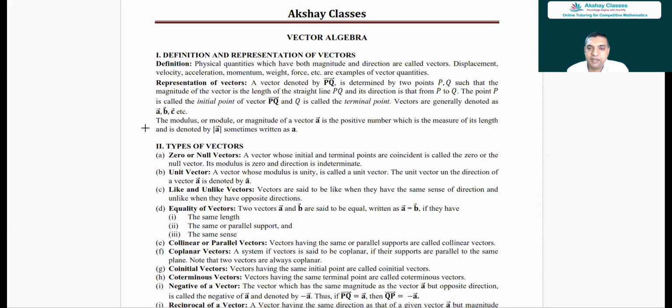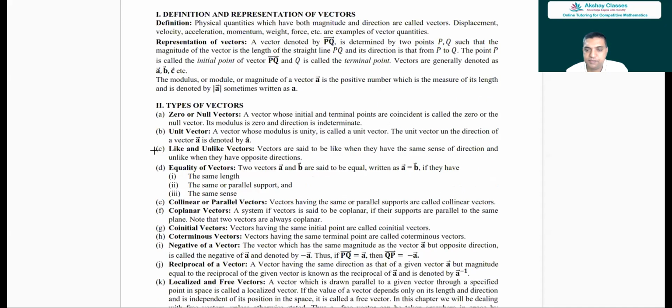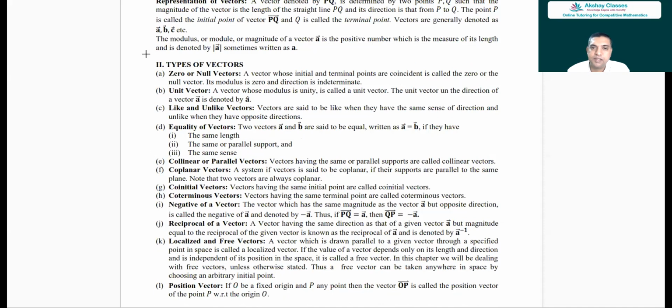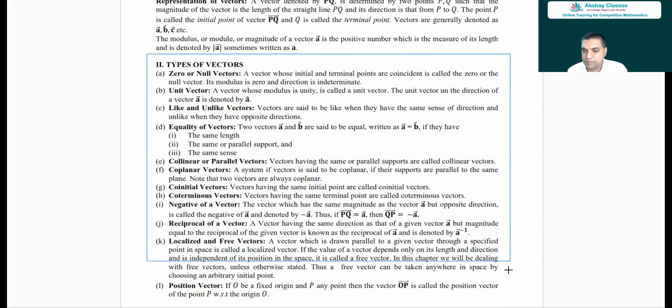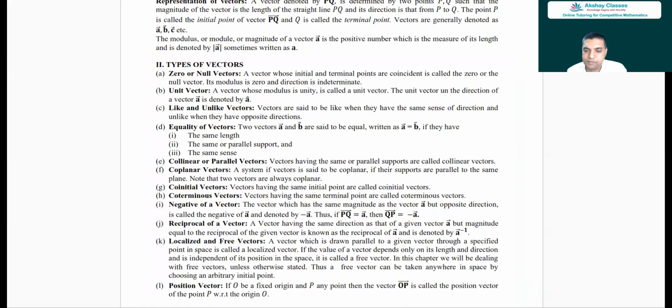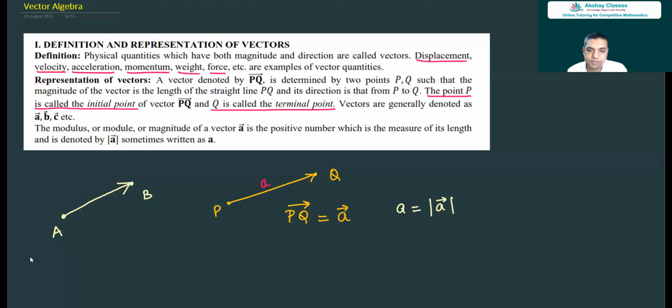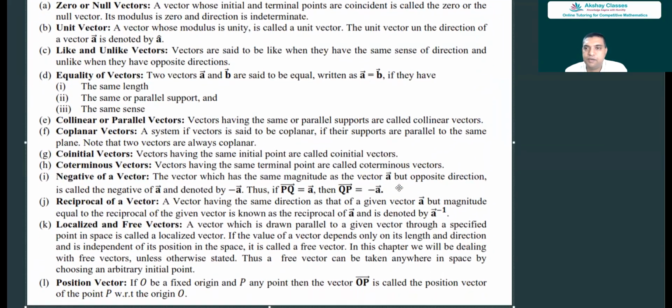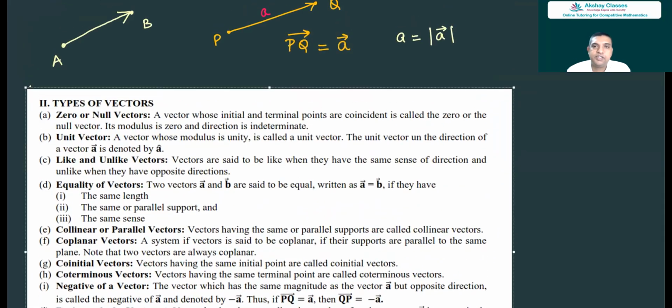Now, what are the types of vectors? Most of it we know. So a zero or null vector is a vector whose initial and terminal points are coincident.